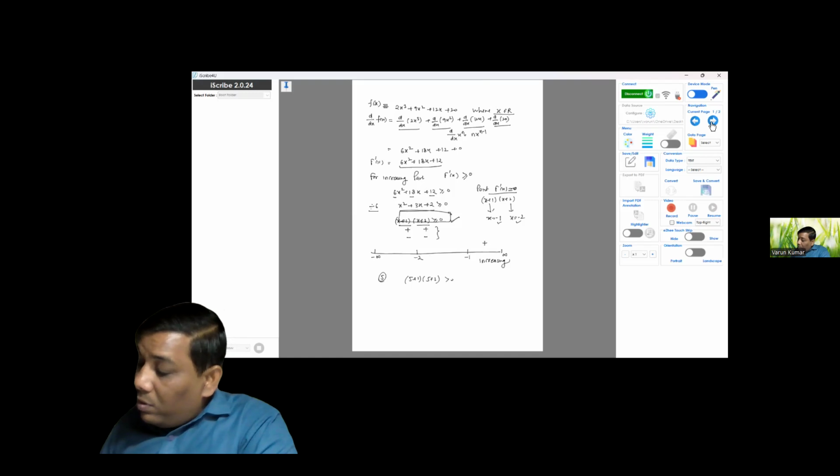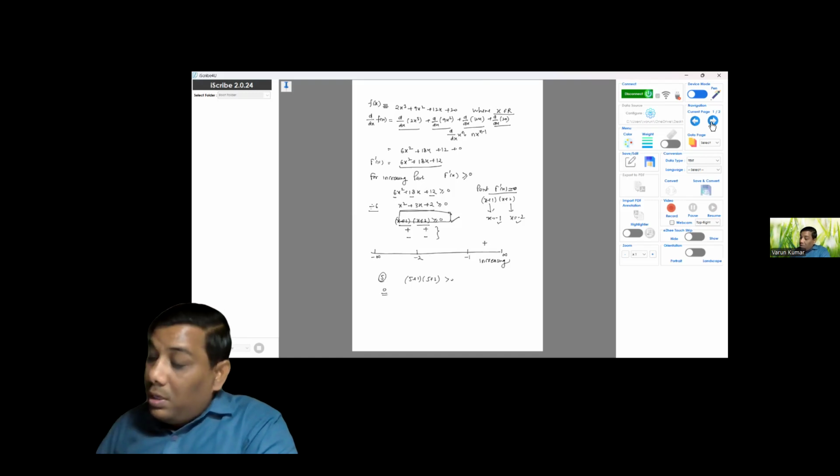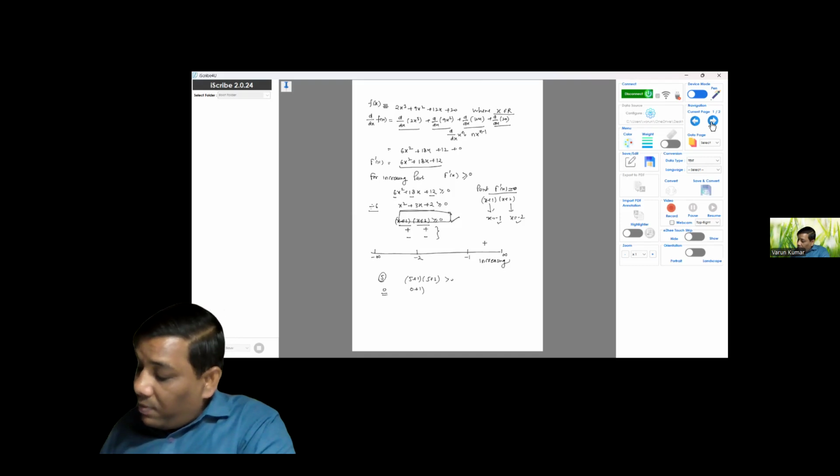Take another value in between -1 and -2. Suppose we take -1.5. Then -1.5 + 1 and -1.5 + 2: this factor is -0.5 and this is 0.5.